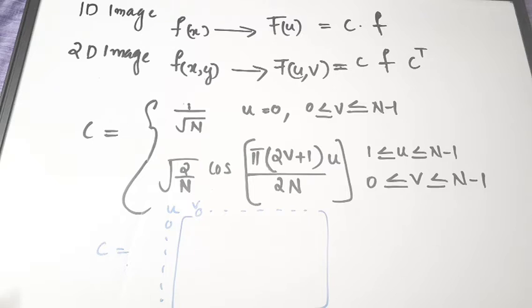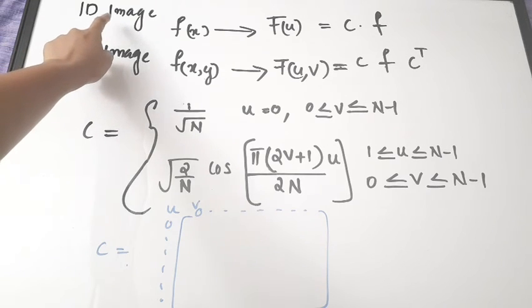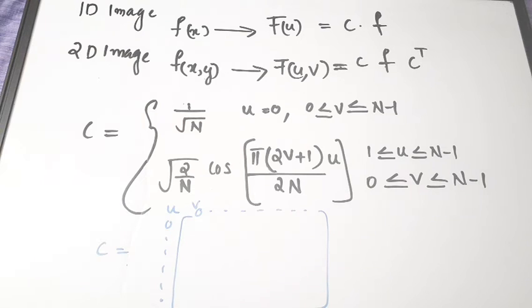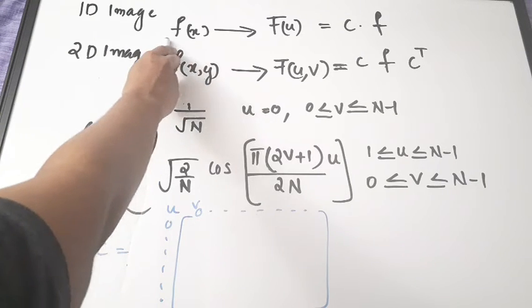So how to form that matrix? Let us see. There are two cases. The image or the signal can be either a sequence or an image matrix. It can be either 1D format or 2-dimensional format. Consider that the image or the sequence being given to you to convert to DCT form is 1-dimensional. Then it will have only one variable, f of x.